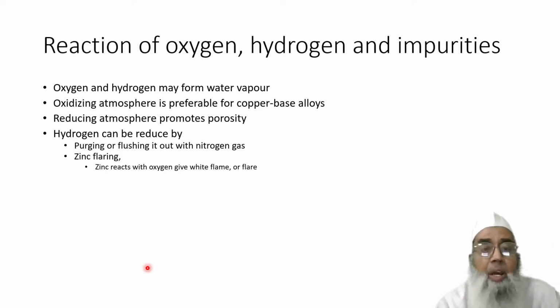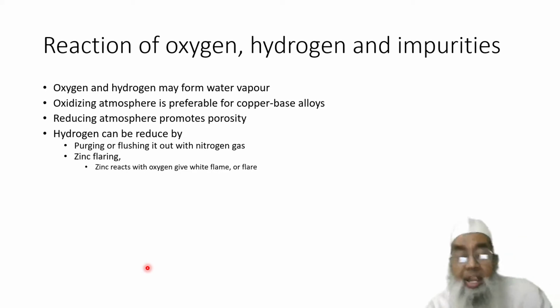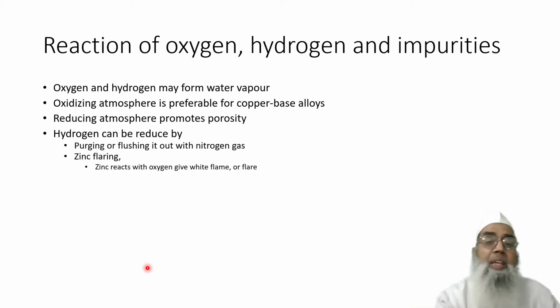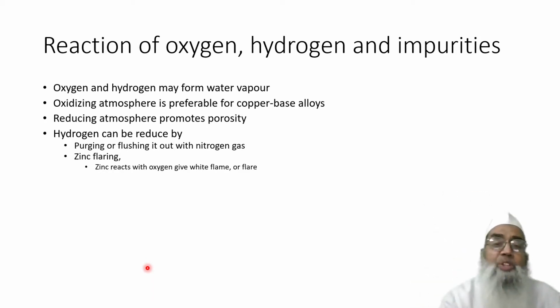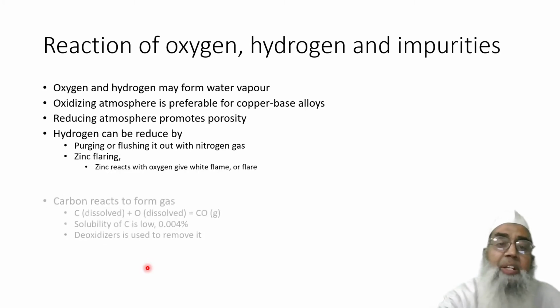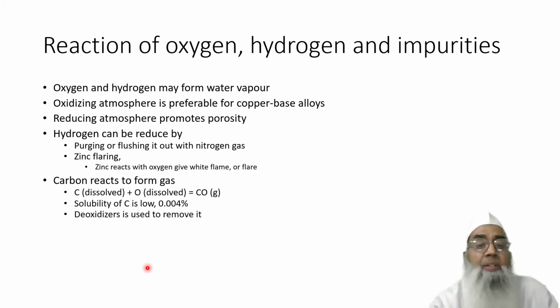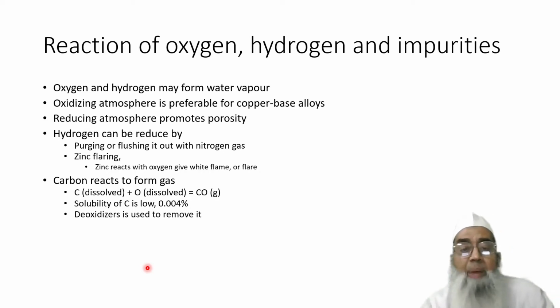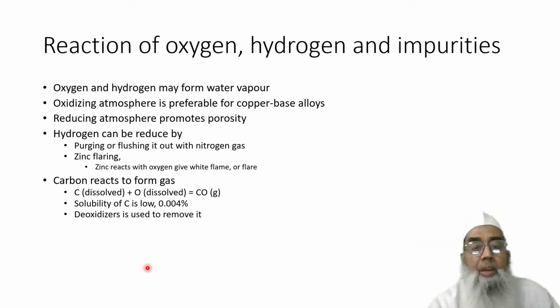Zinc flaring. Zinc reacts with oxygen, which gives a white flame or flare, and they come up on the surface of the molten metal. Now, carbon also forms gases, which also bubble out.